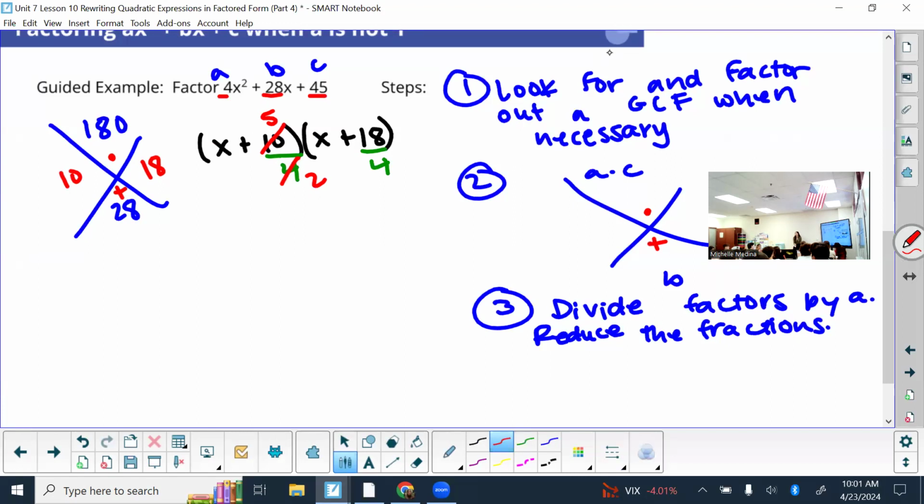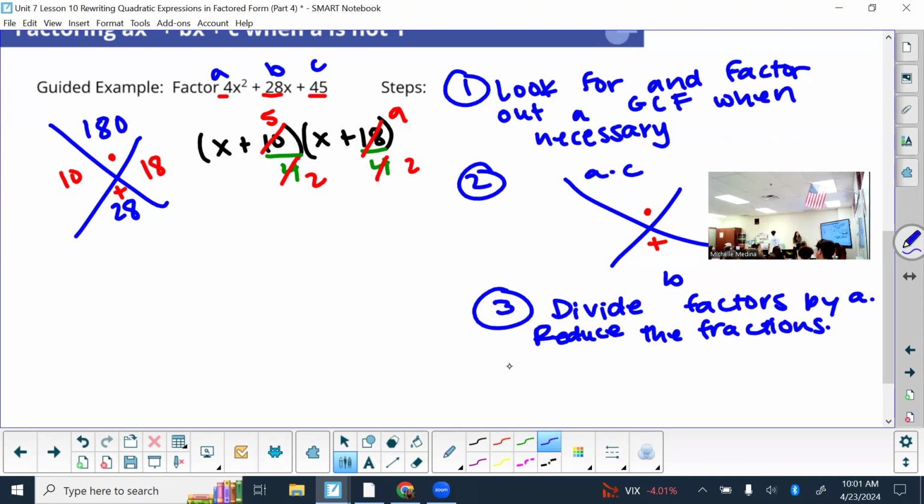You like good grades. What goes into both 18 and 4? So 2 goes into both 18 and 4. It reduces to 9/2. 18 divided by 2 is 9. 4 divided by 2 is 2. So you reduce the fractions.